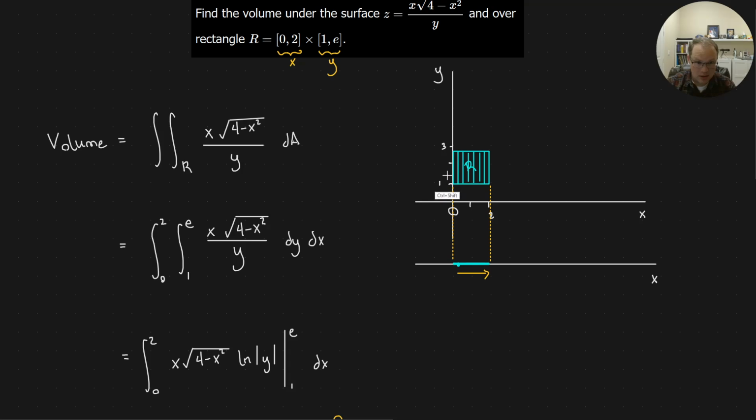We integrated here. The down arrow probably isn't great, it should probably be an up arrow, but you understand. We integrated with respect to y. That collapsed all those y values. You can think of squishing this down and pushing all of them into a single value. We squished it down into this, and now we're going to squish it this way so that we get one value when we're done.